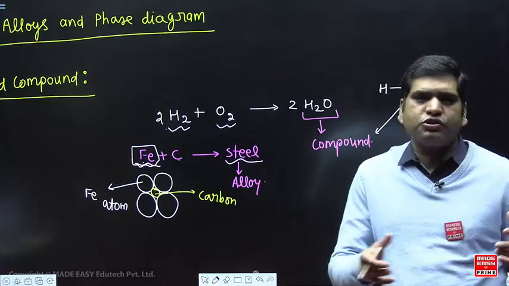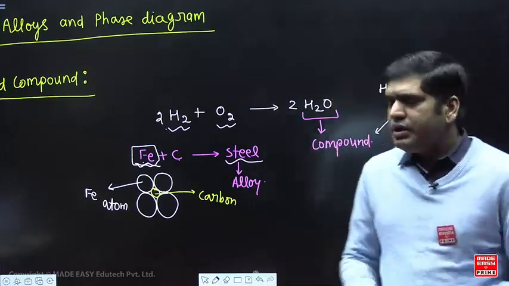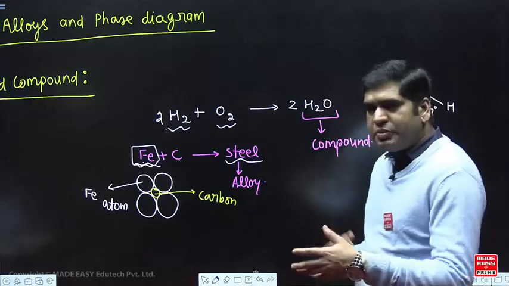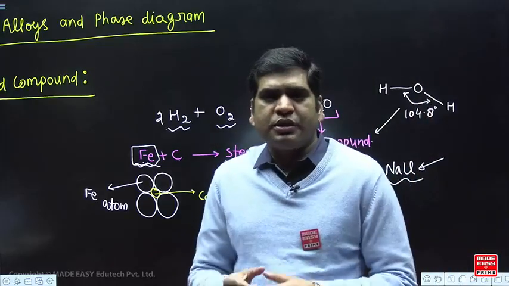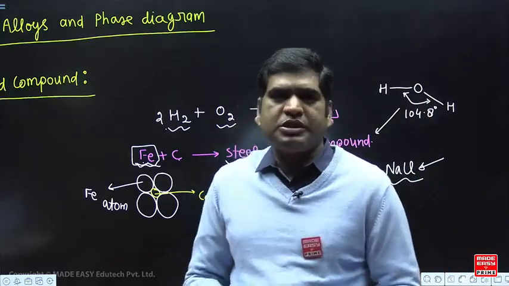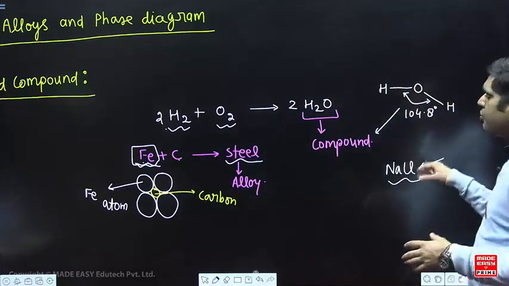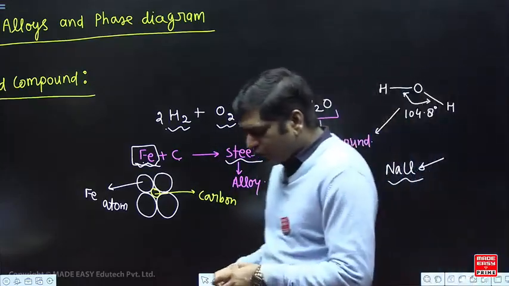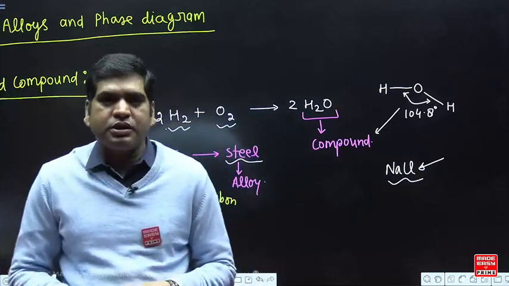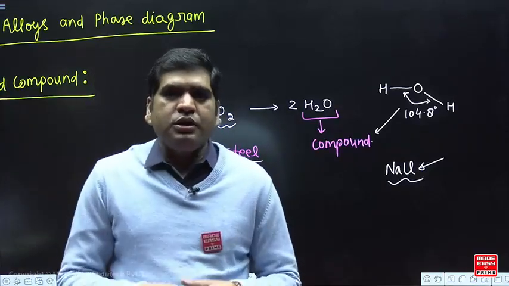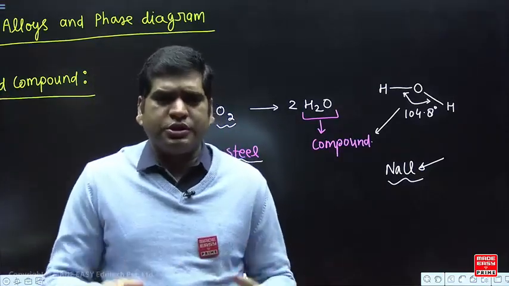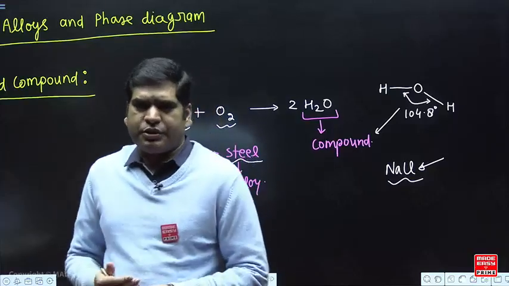So you cannot separate sodium and chlorine. Yeah, if you heat H2O, it will become H2O vapor, but hydrogen and oxygen cannot be separated. So to separate elements in the compound, we need to perform chemical reaction, whereas to separate elements in the alloy, we just need to melt it and then they can be separated.